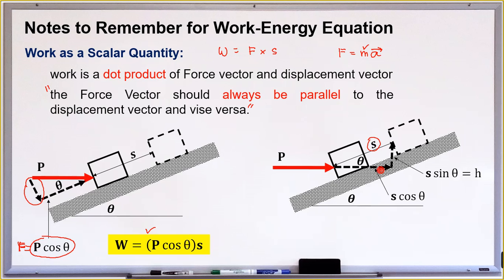So in this manner, we can already derive a formula for work because ni-agree naman siya sa ato ang statement nga the force vector should always be parallel to the displacement vector. We already have a displacement vector that is parallel to our force P, and that is its component vector along the horizontal, which is equal to S cosine theta, no?